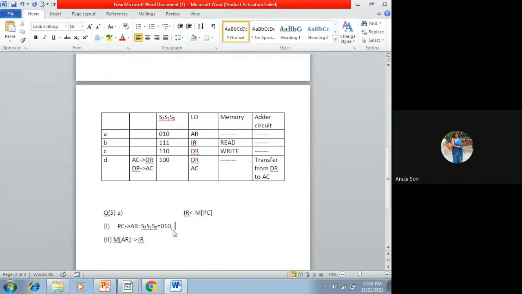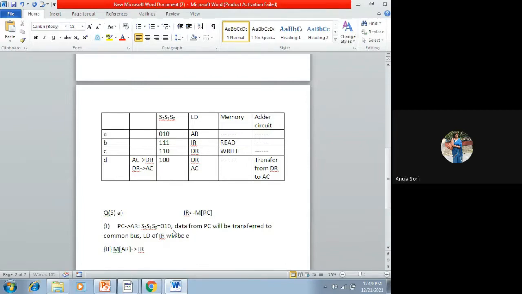So S0, S1, S2 will become 0, 1, 0, and the data from PC will be transferred to the common bus. And afterwards, the load signal of IR will be enabled.